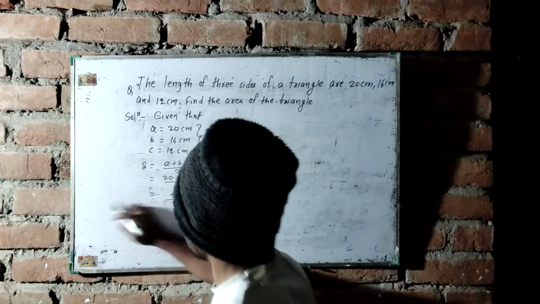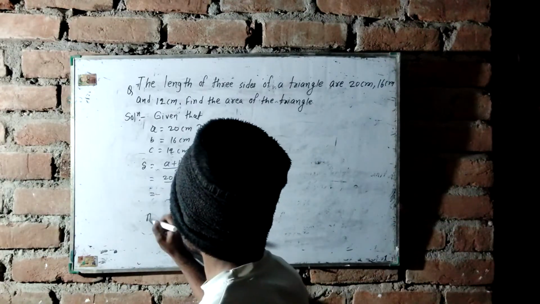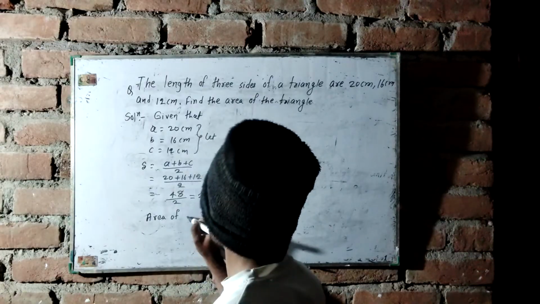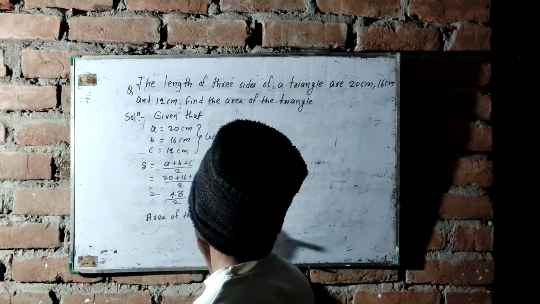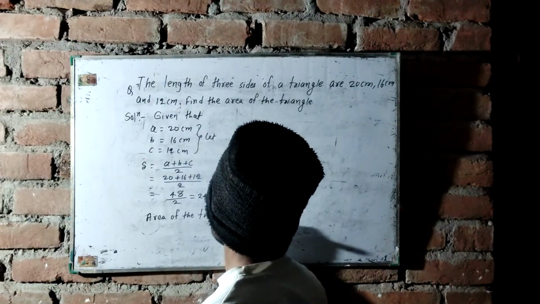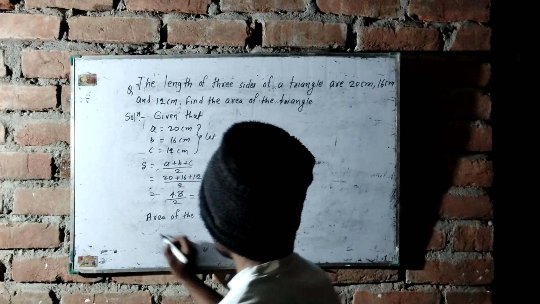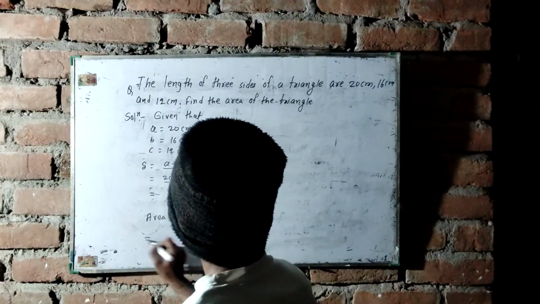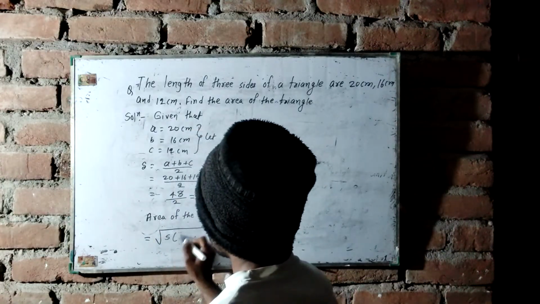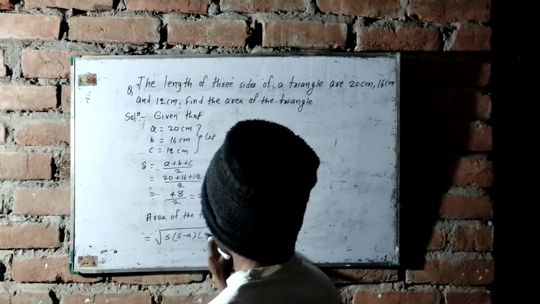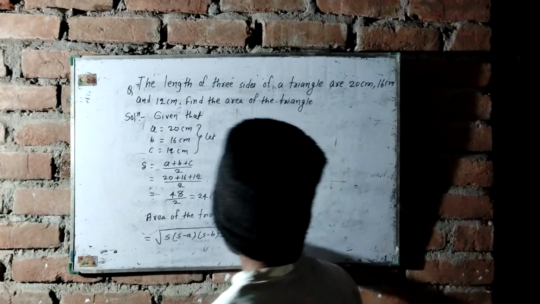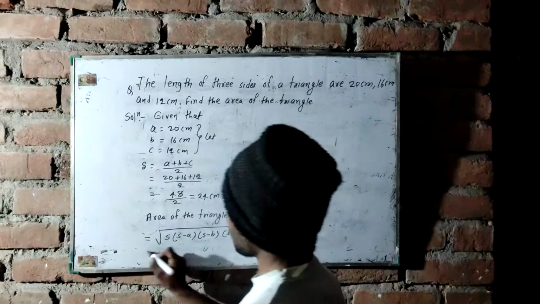Now according to question, area of the triangle is equal to under root s into s minus a into s minus b into s minus c by using Heron's formula.